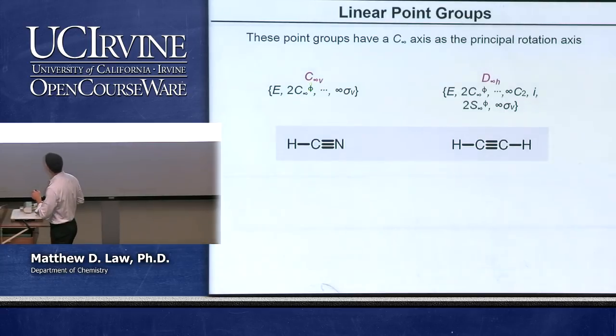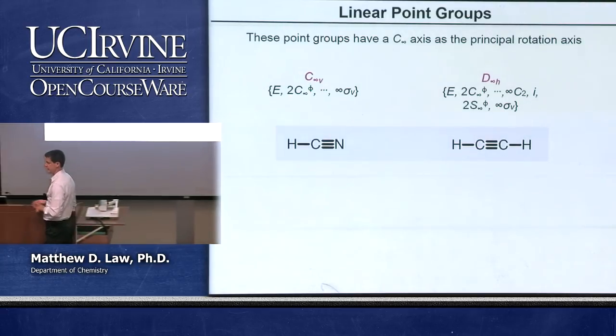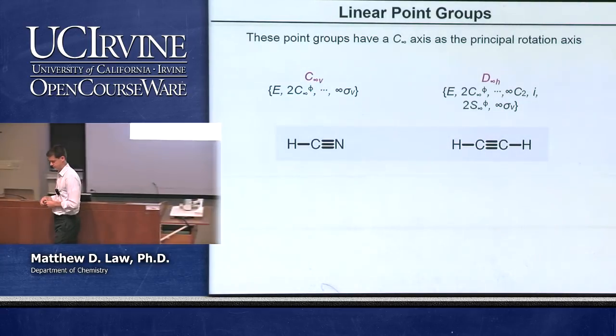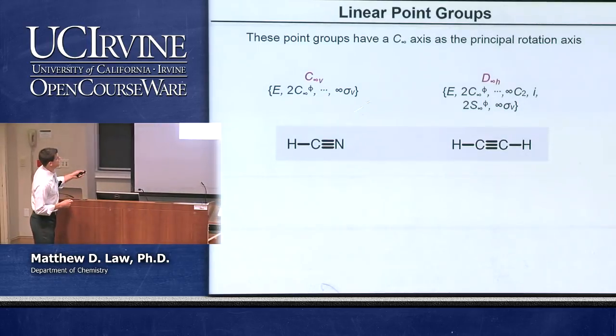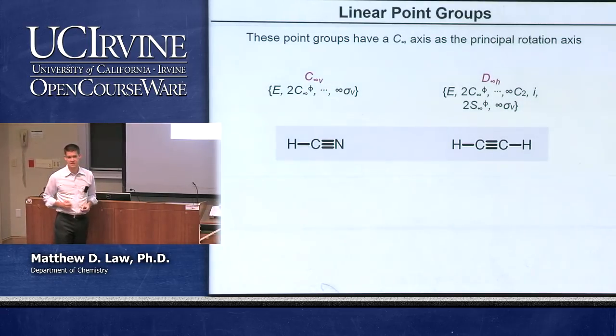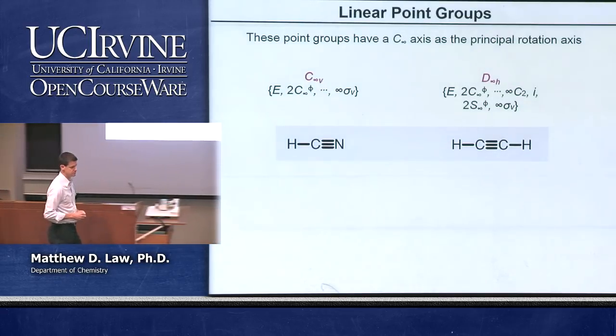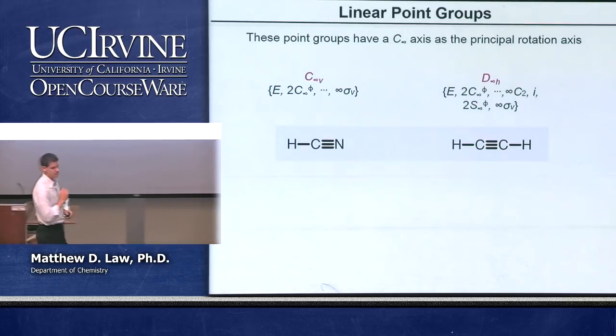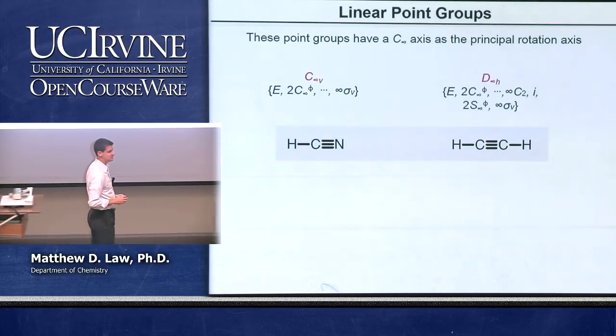And this little Greek letter there tells you the angle is what is infinite. Okay. And in addition to that, of course, you also have an infinite number of mirror planes that run along the molecular axis, right? Infinite number with an infinite step size in the angle. We call that point group the C infinity V point group.